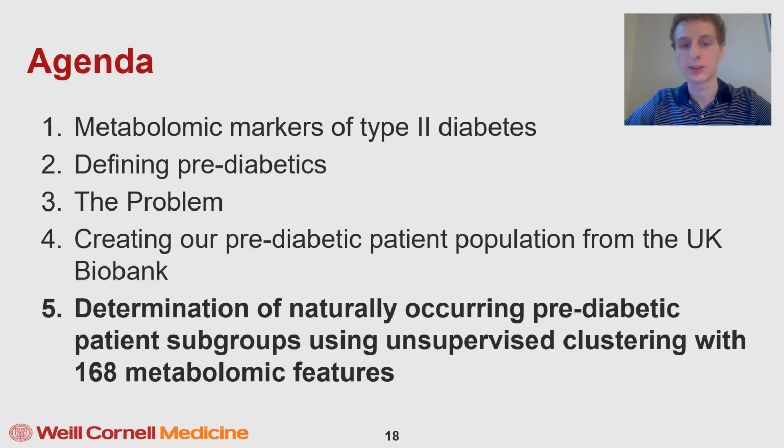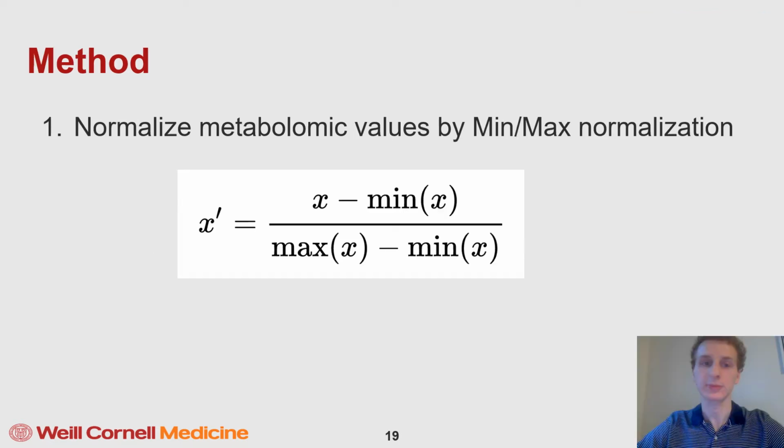Finally, we come to the point where we determine these naturally occurring pre-diabetic patient subgroups. So a little bit about the method. First, we normalize metabolomic values by min-max normalization. Basically, this just cuts down the variability due to measurement tools and units used for each metabolomic value.